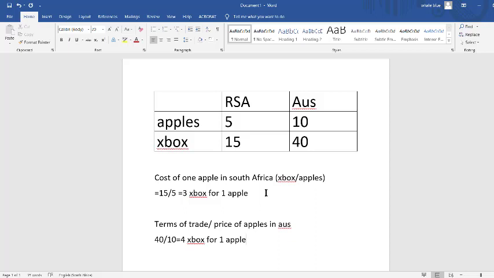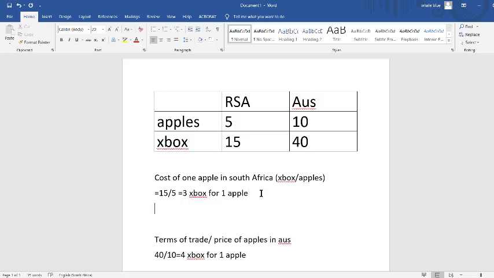So that could mean there is actually some potential for these countries to trade. Because if you look at this in terms of X boxes, what is the price of X boxes in South Africa? With the terms of trade in South Africa in autarky, you will take the apples, which is 5, divided by 15, and that will give us 1/3. 1/3 apple per X box.